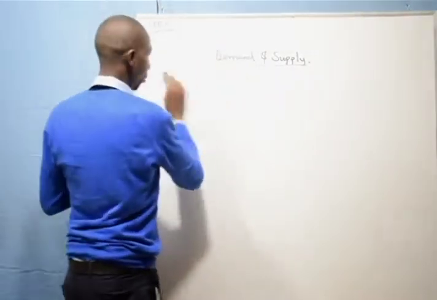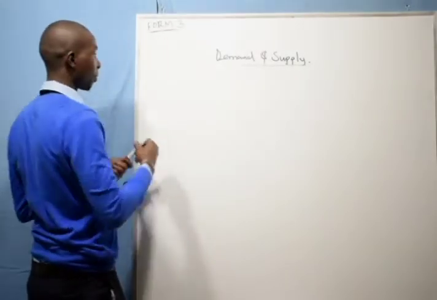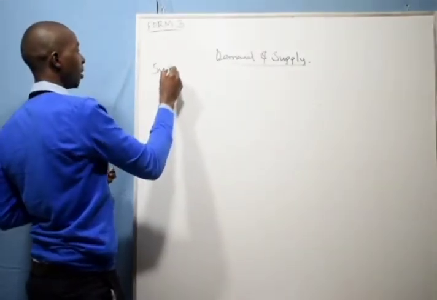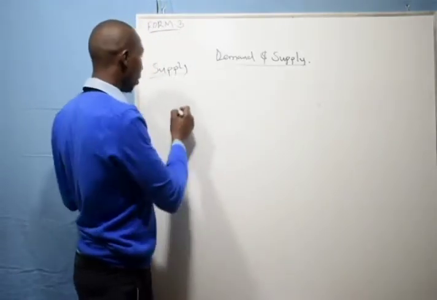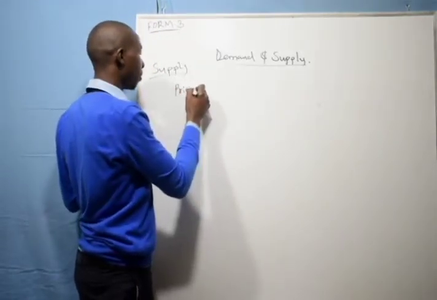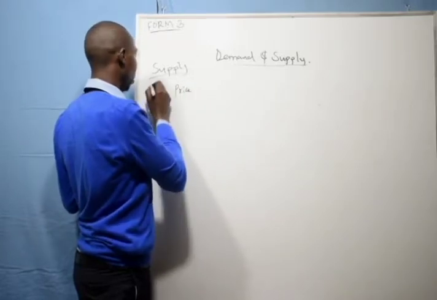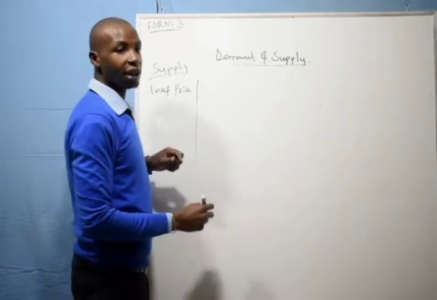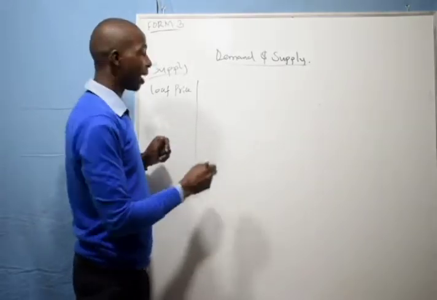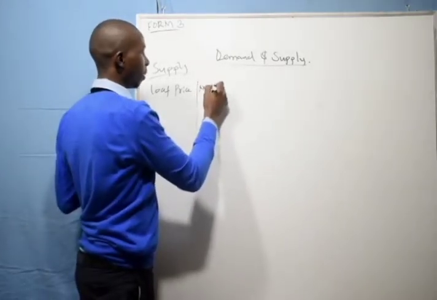We are still on supply, so we will have price per loaf. Let's use a loaf for example. Price per loaf, and then number of loaves supplied.